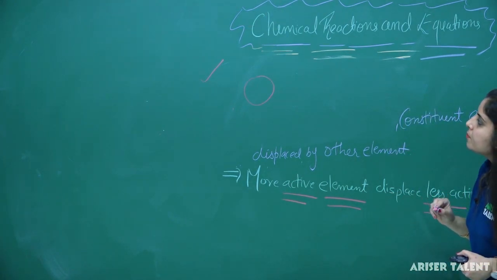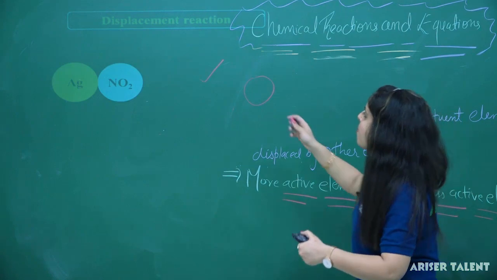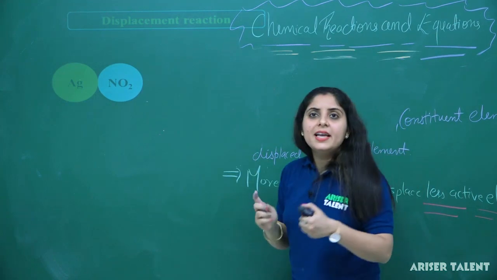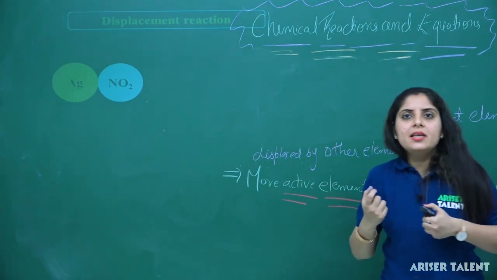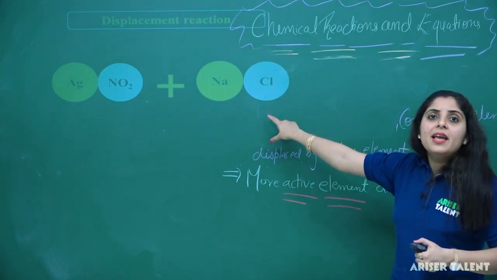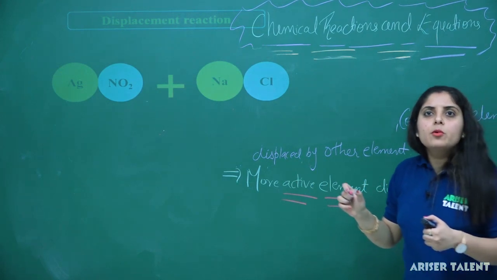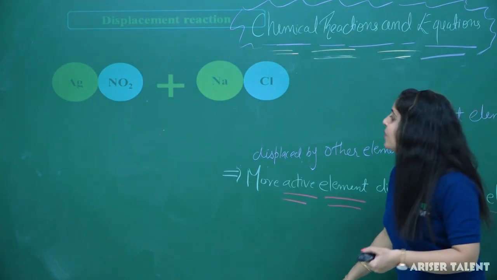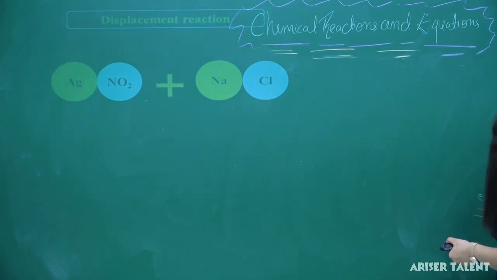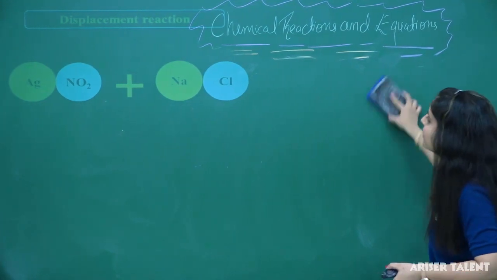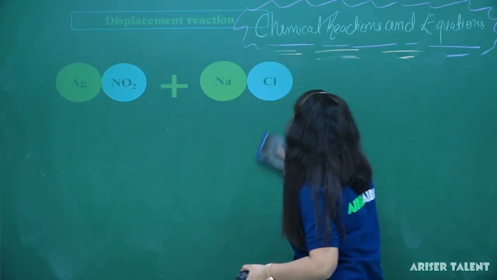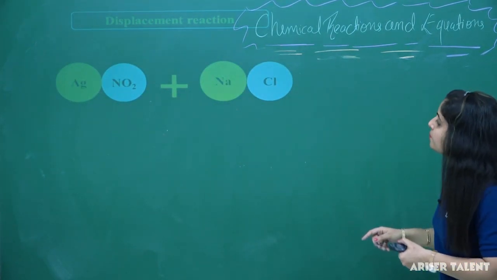Now let us consider an example for displacement reaction. We have AgNO2, which is basically silver nitrate, and it reacts with NaCl, that is sodium chloride.